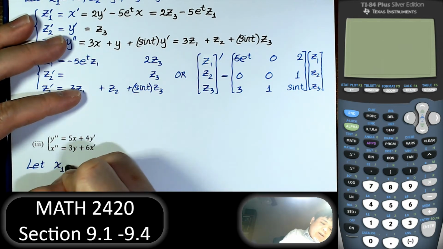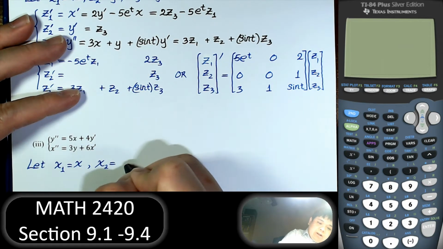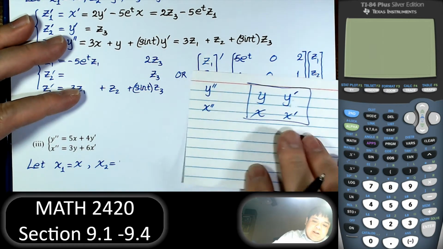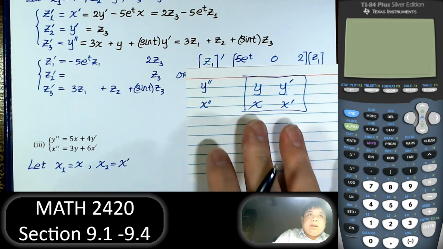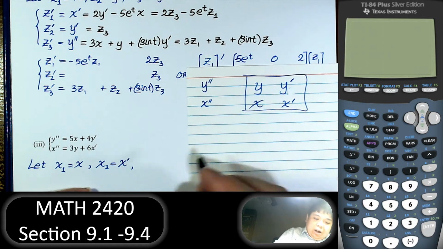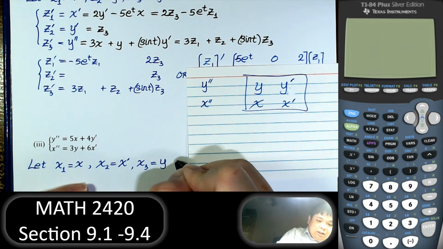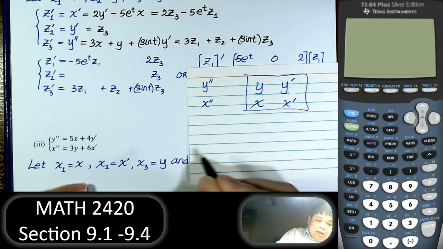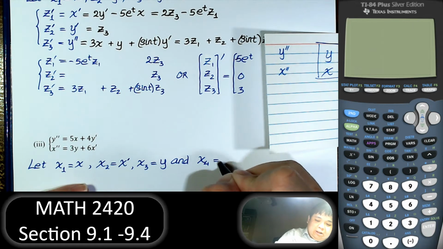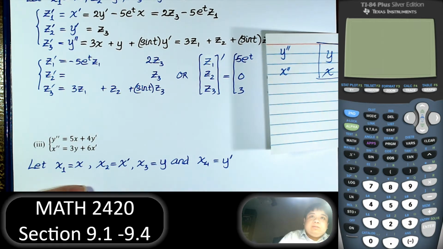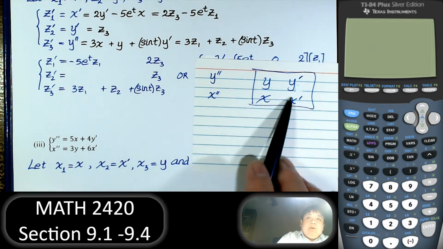Like x1 is x, x2 is derivative of x, and then we have y, so make that x3, and y prime is x4. Right? So first we need to know how many variables we need.